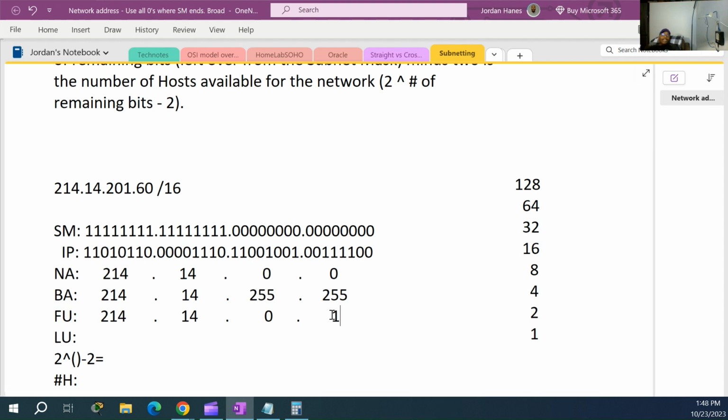Okay. And the last usable host is actually going to be just before the broadcast address.